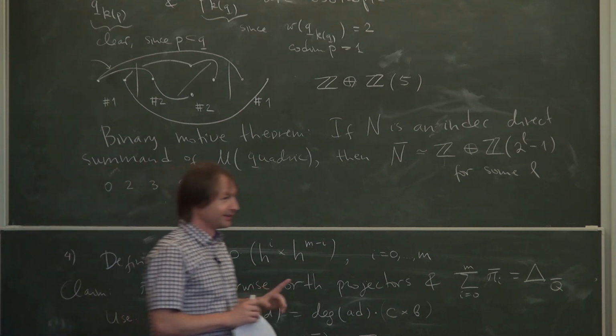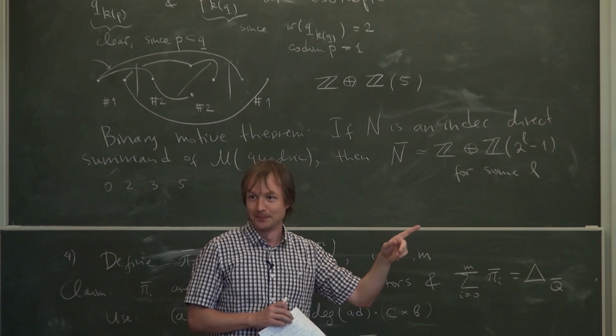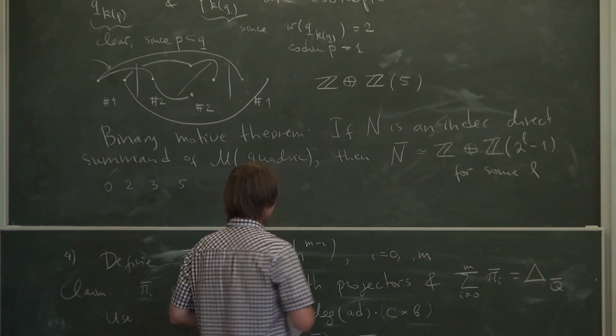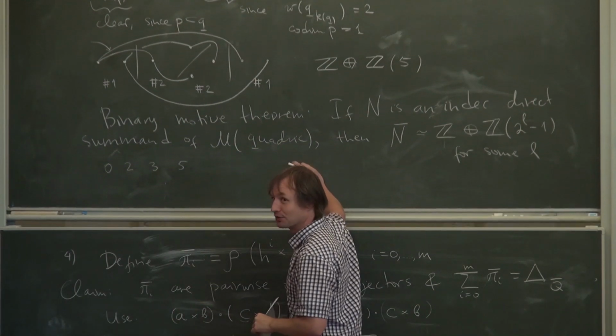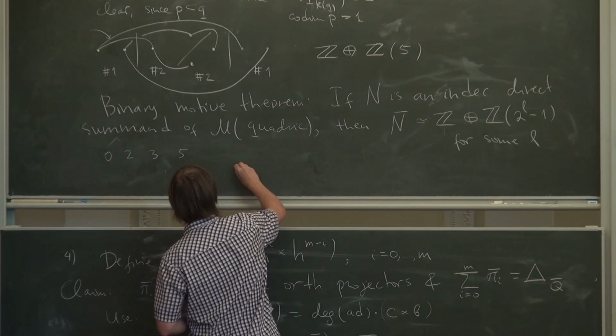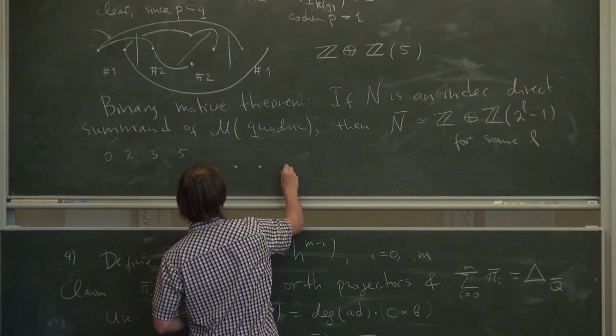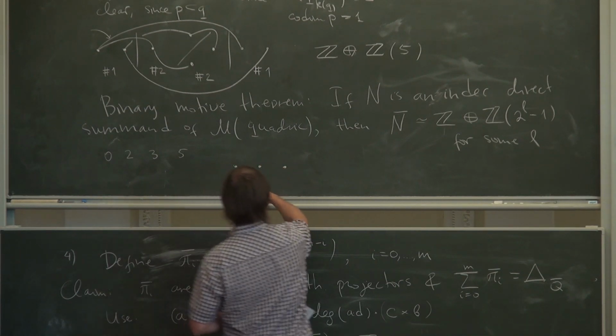Okay. Now let's do the same for P, for the subform. So now something very strange will happen. So let's draw the picture. It's odd dimensional, so it will be a chain.